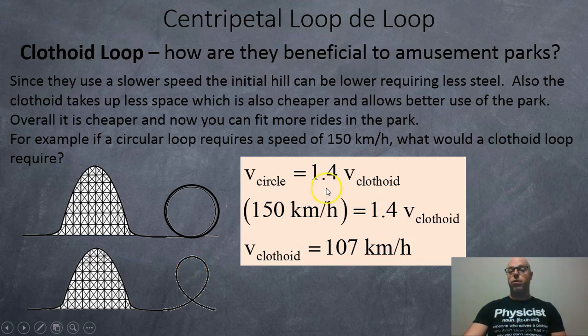For example, if you had a circle which needed a speed of 150 kilometers per hour, you divide by 1.4, and a clothoid would get away with only 107 kilometers per hour. So when you build it, instead of having a larger hill, you can have a shorter hill to achieve the same thing, and you can save park space at the same time.